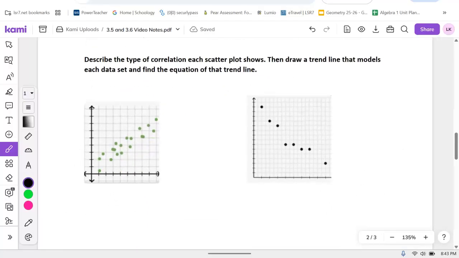This one says describe the correlation of each scatter plot, and then draw a trend line that models each data set, and then find the equation of that trend line. So the first thing I'm going to do is just kind of draw my trend line. And that's going to be a positive.